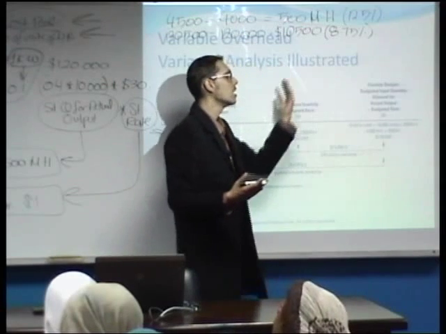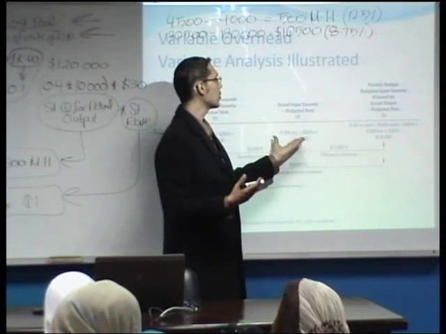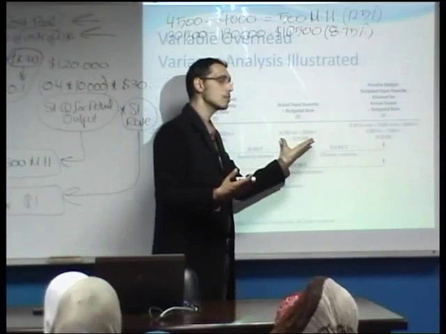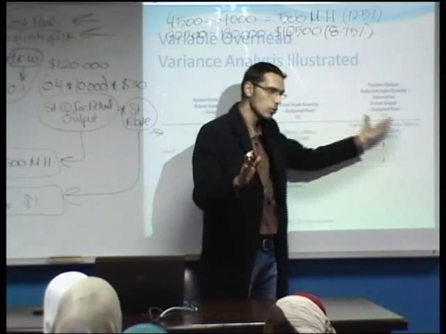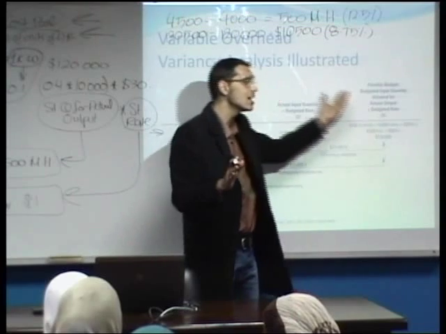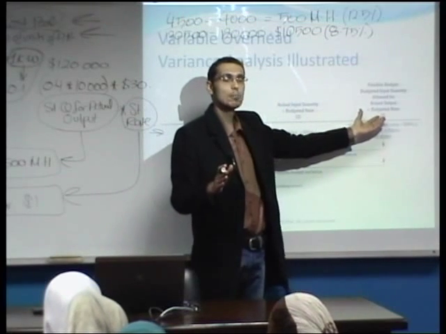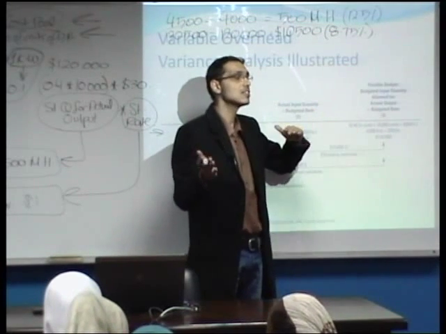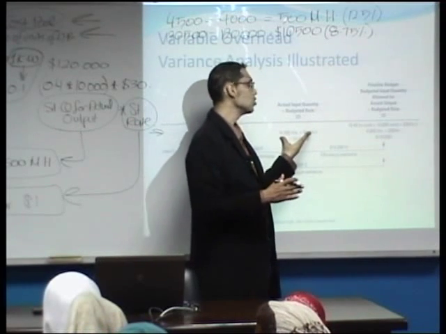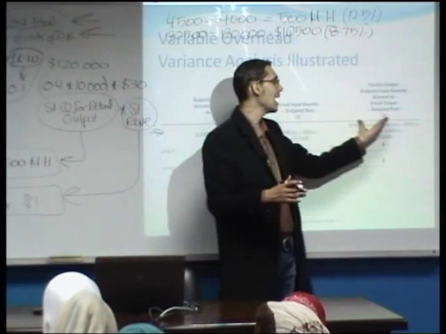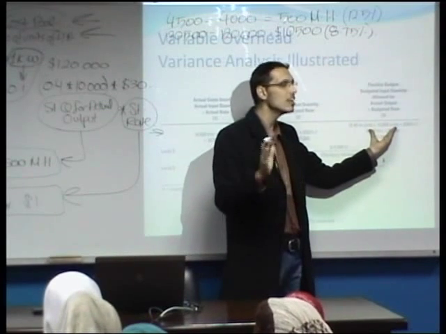Comparing it with the actual quantity multiplied by the budgeted rate, the difference here is not because of the rate, because both are budgeted or standard rates, but because of the difference in the quantity of the machine hours or the allocation base. Here we used 4,500 and we expected to use only 4,000.